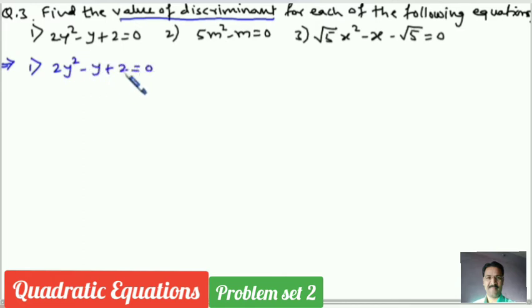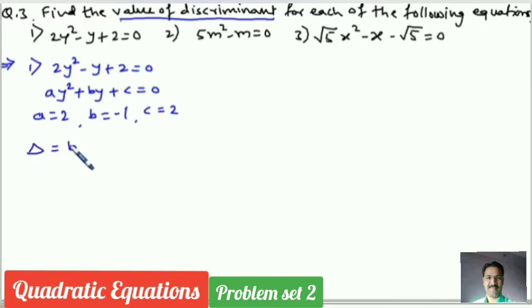We have to compare this equation with the standard form, that is ay square plus by plus c equal to 0. So a is equal to 2, b is equal to minus 1 and c is equal to 2.